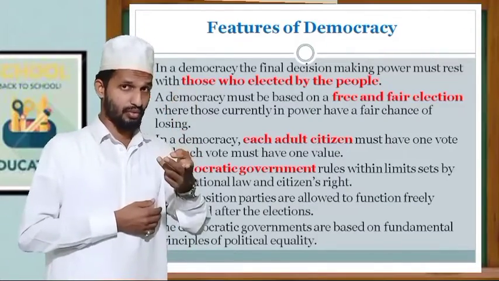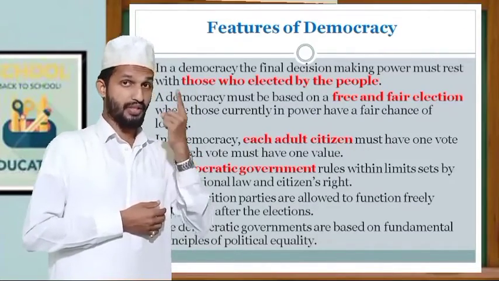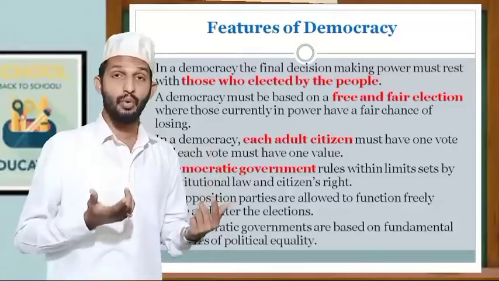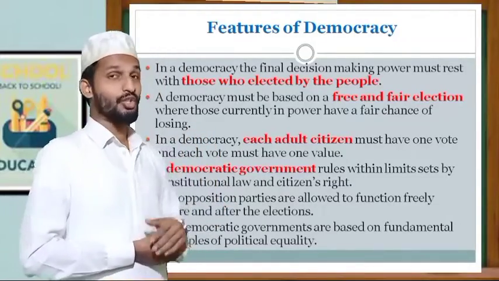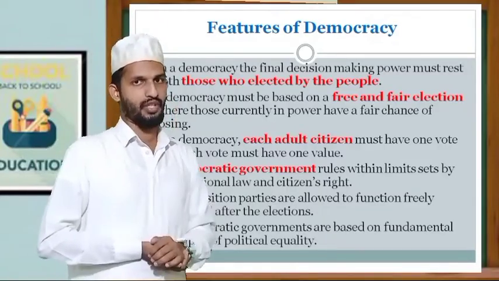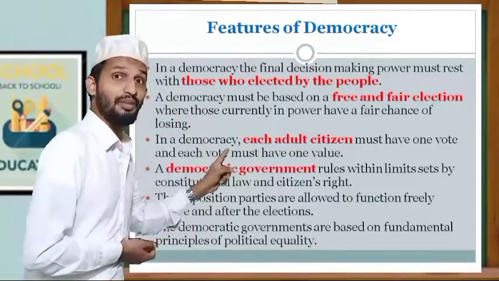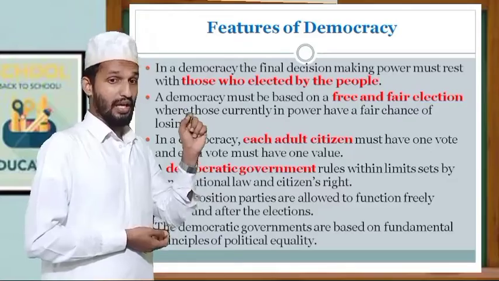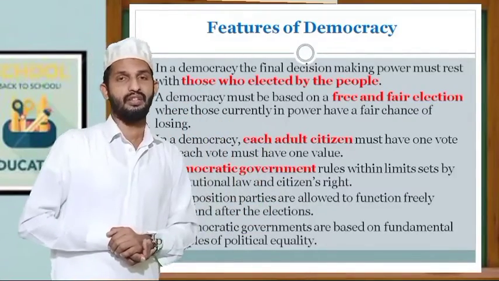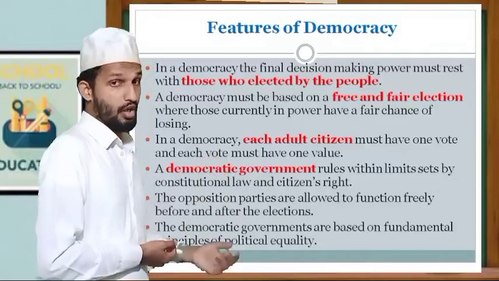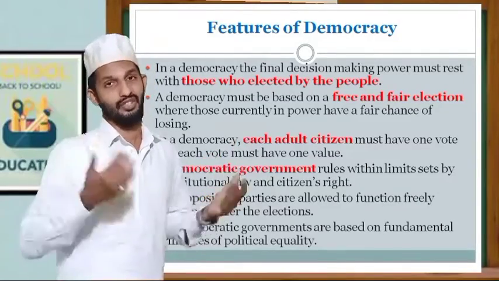And the last question was what kind or what form of government? Which type of government? So that is the fourth feature of democracy. In a democracy, a democratic government rules within the limits set by the constitutional law and citizens' rights.